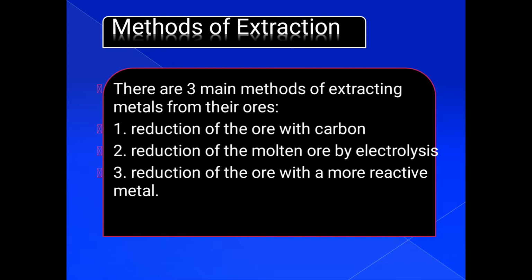In the course of the lesson, you will understand that some metals are best extracted by one method because of a certain characteristic that we'll be able to see. That is to mean that while some metals are best extracted through electrolysis, other metals are best extracted through reduction of the ore with carbon or with a more reactive metal, like we are going to see.